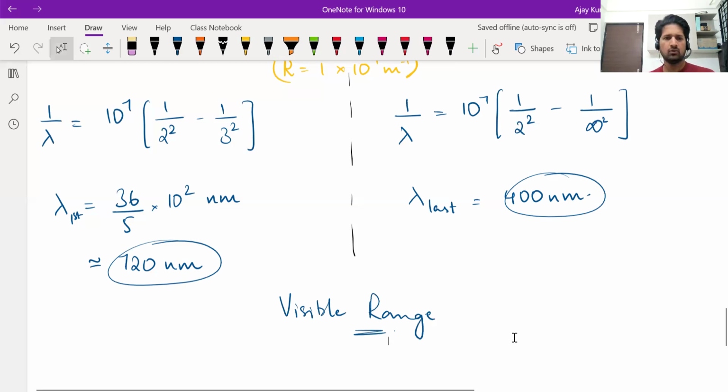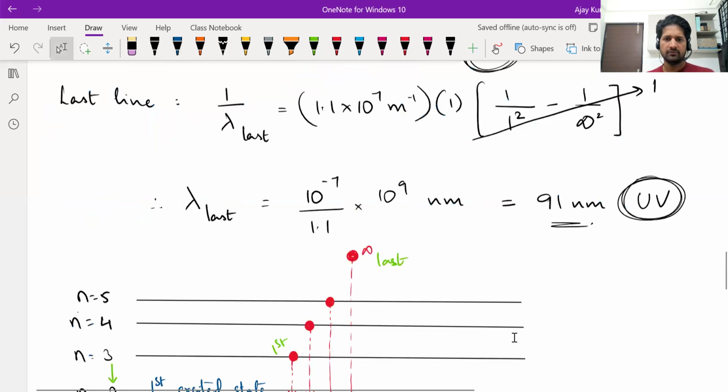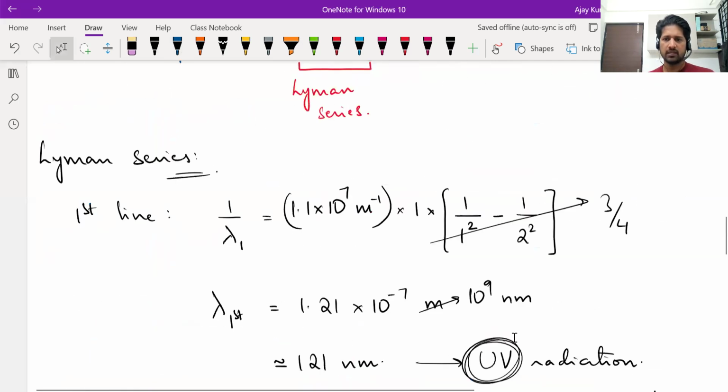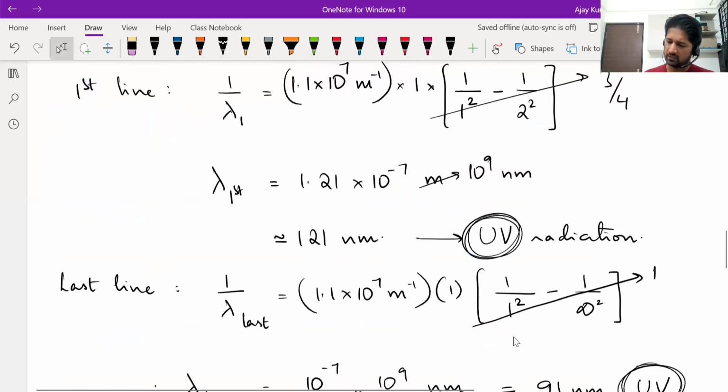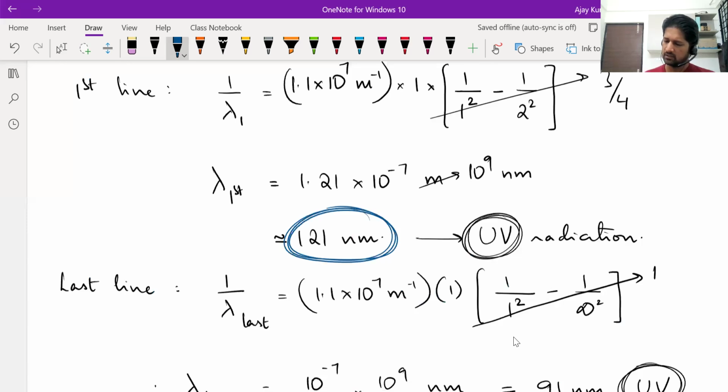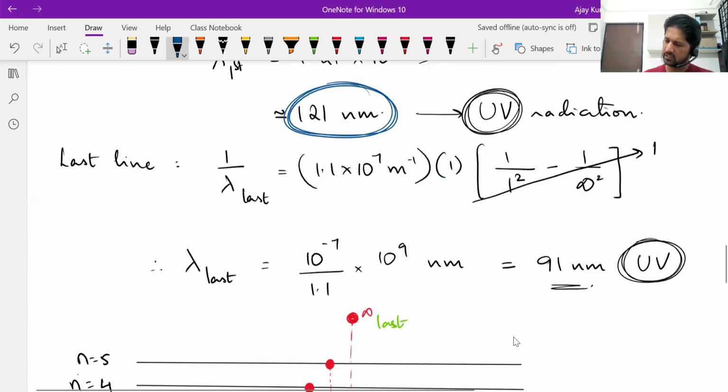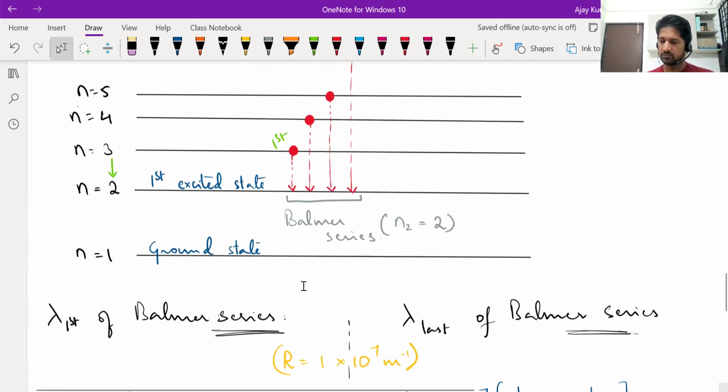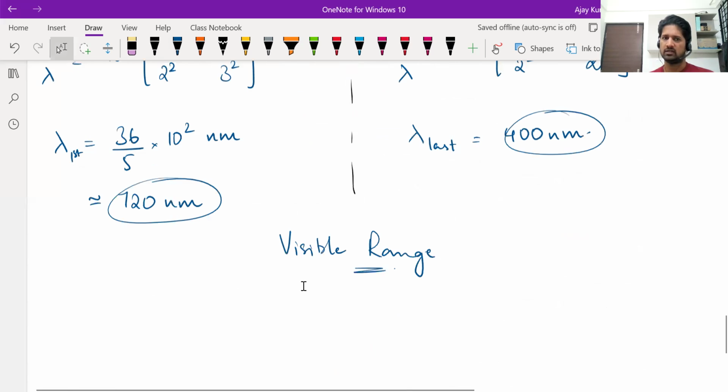And there's absolutely no overlap. The first line wavelength of Lyman series was 121 nanometers. Last line wavelength of Lyman series was 91 nanometers. Fine. For the Balmer series, it is 720 to 400. There's absolutely no overlap between Lyman series and Balmer series.